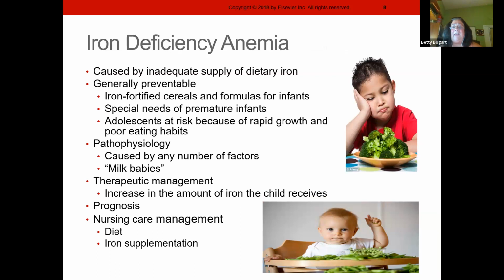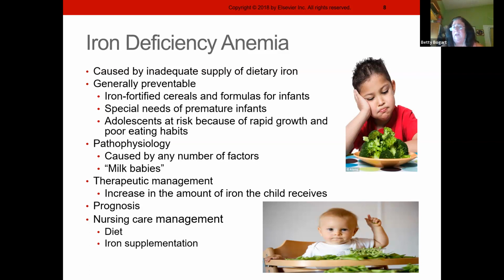What they finally figured out, and it makes sense to me, is that they're giving iron fortified formula or breast milk. And we know with breast milk, they're going to be given vitamin D. It also happens to help with this anemia type of thing. Now, as we start feeding them foods, we give them iron fortified cereals at 6 months. And we start with rice cereal because we want to get that iron in.